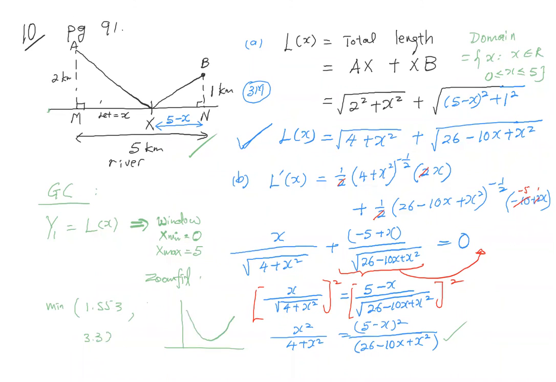After that, you have to go to second trace, and you choose minimum, then lower bound, left bound, right bound. Okay, then you will get this value. So can or not?